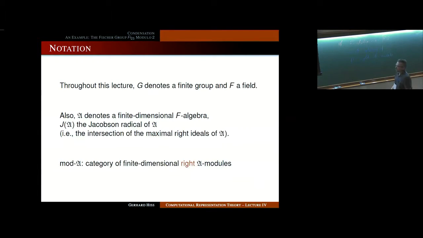So the objects are A modules, or equivalently you may view them as A representations. And the morphisms are A module homomorphisms, or intertwining maps between the representations, if you like to think in this picture of representations rather than modules.